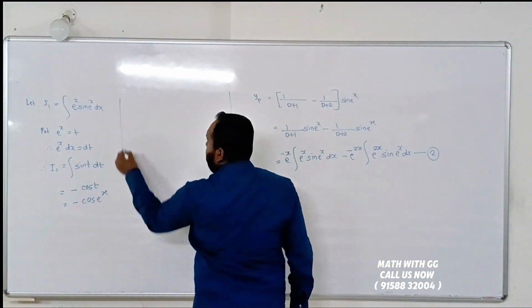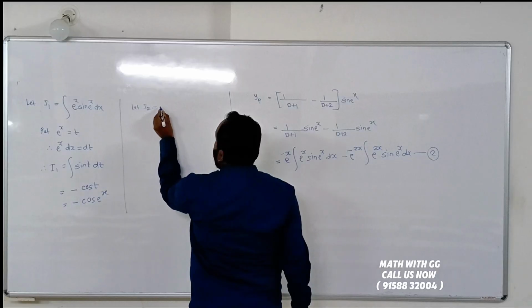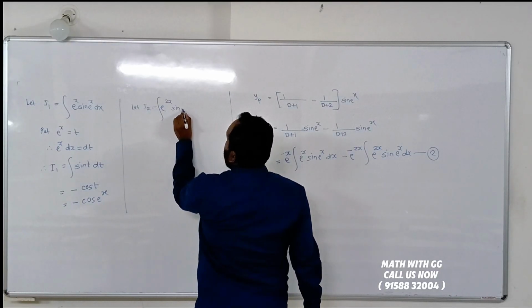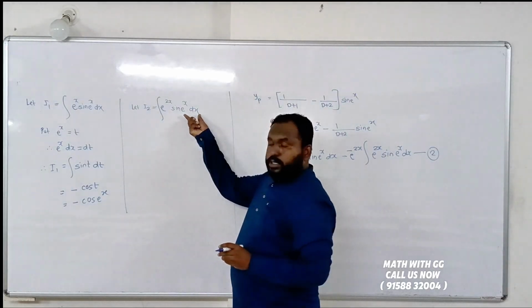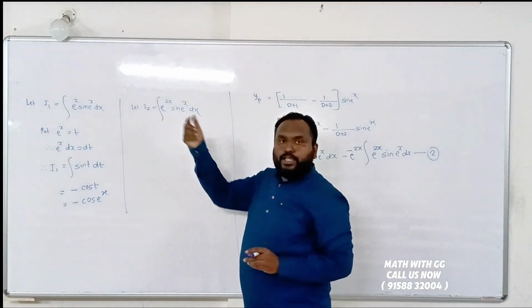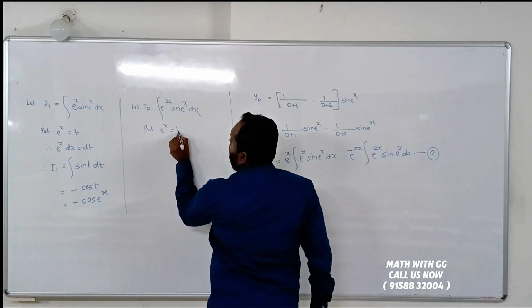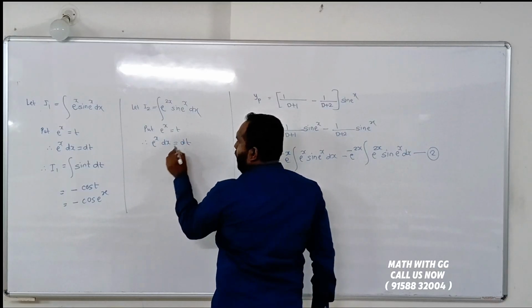By substituting the value of t as e raised to x, I1 is equal to minus cos e raised to x. Similarly, let I2 be the second term, integration e raised to 2x sin e raised to x dx. Again, if we substitute e raised to x as t, we will get the solution of this integration. Therefore, e raised to x dx equal to dt.